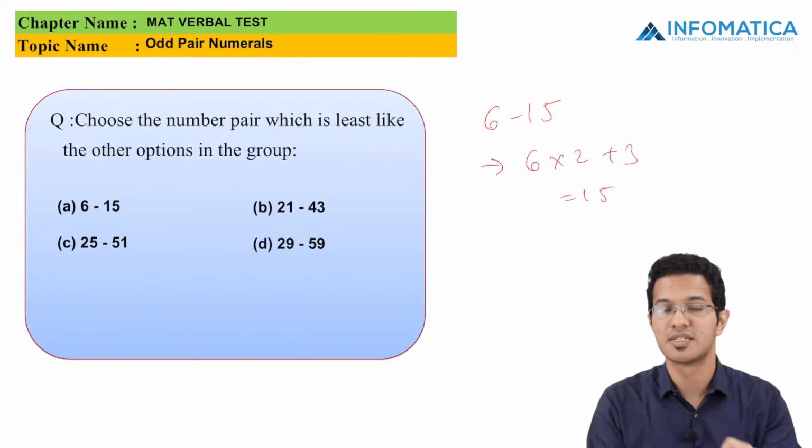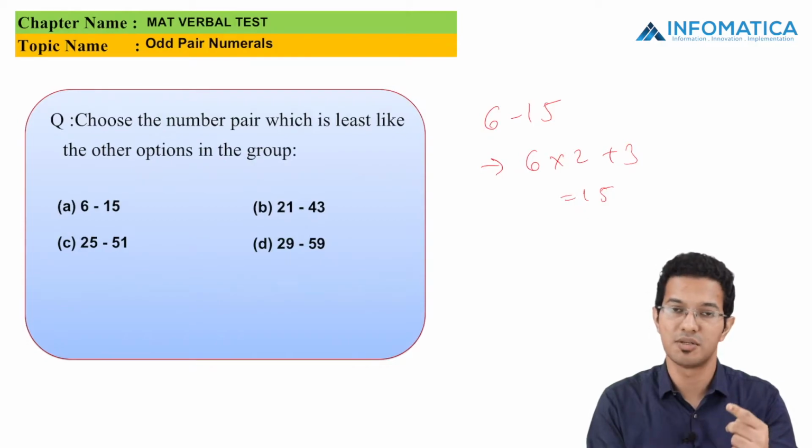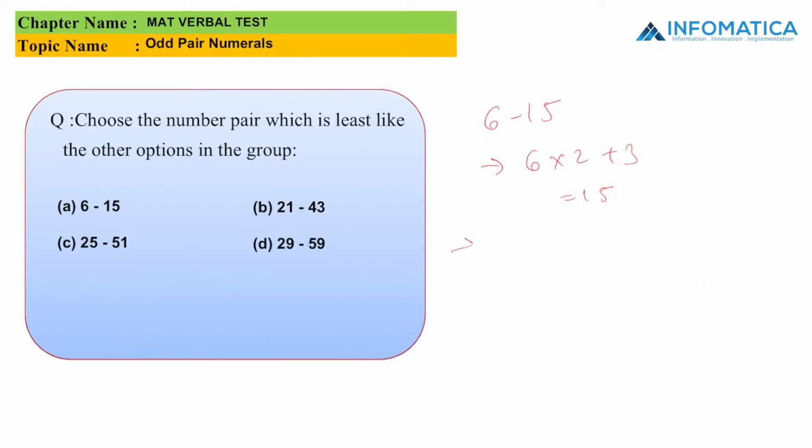Let us check out if a similar pattern is in option B, C and D. Option B gives me 21 into 2 plus 1, which is giving me 43. Let us check if the similar pattern is giving me option C and option D, which is the first number multiplied by 2 plus 1, which will give you the second number.